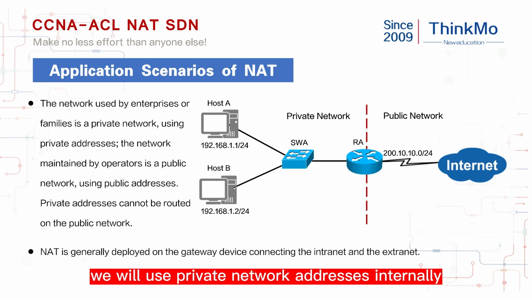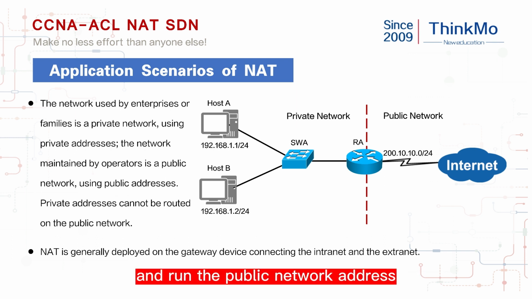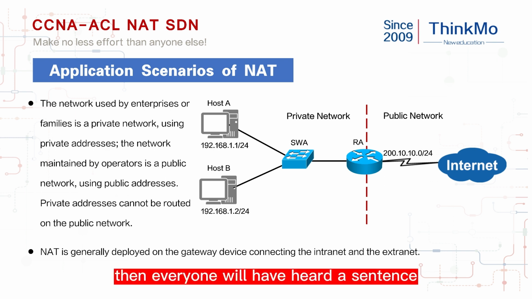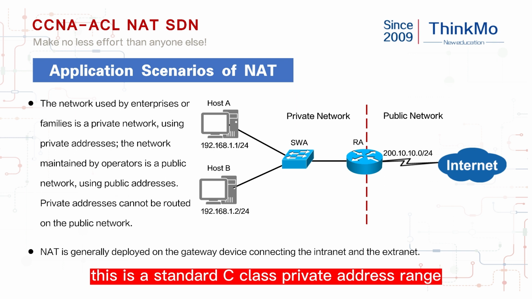We will use private network addresses internally, and run the public network address on the public network. Then everyone will have heard a sentence: the private network address cannot run on the public network. The public network does not forward the traffic of the private network IP address. Why doesn't it forward it? For example, 192.168. This is a standard C-class private address range.